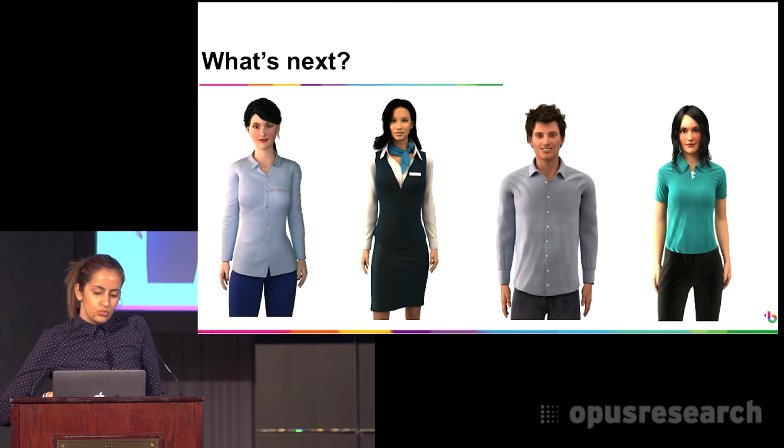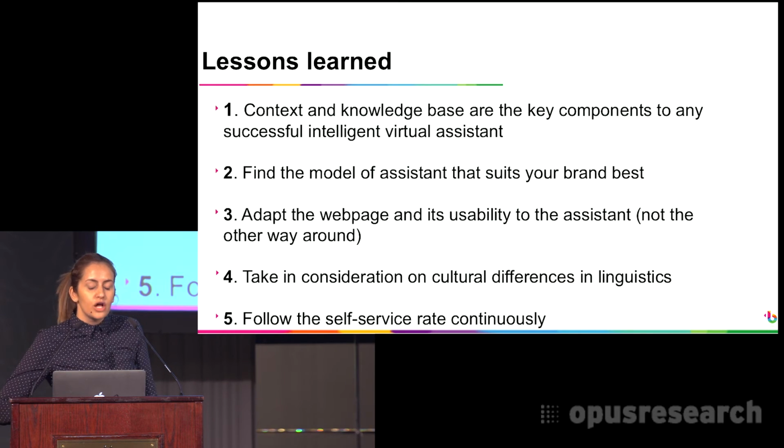So we actually learned some things about these subjects. We learned that the knowledge base is the key component to any successful assistant. If you don't work on your FAQs, if you don't know what your client is going to ask you, and if you don't know how to reply with simple answers, the assistant will not be successful.